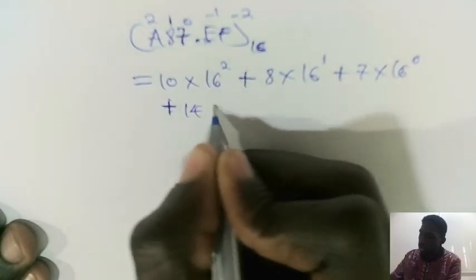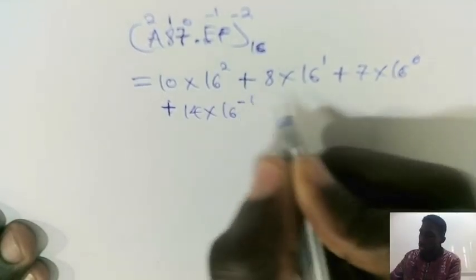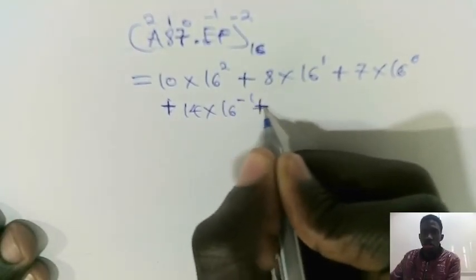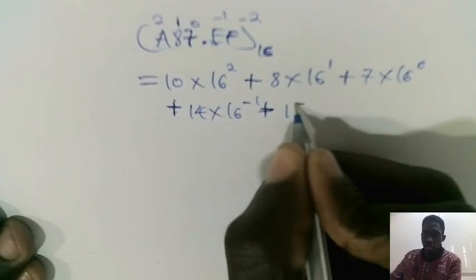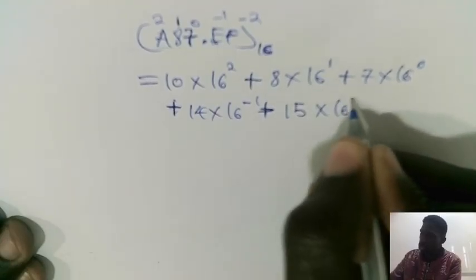So 14 times 16 to power -1, plus we have an F here. So F is 15. 15 times 16 to power -2.